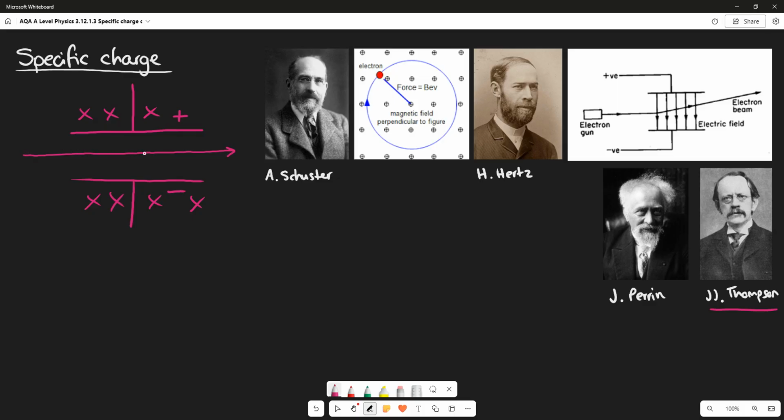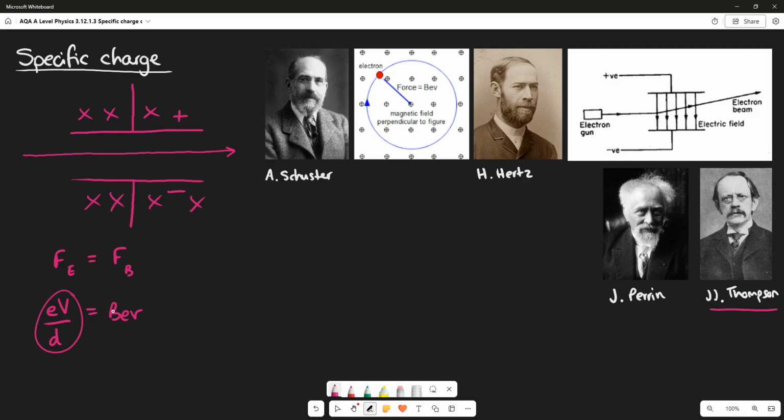So the path of the electrons was perfectly horizontal once he had tuned the electric field so that it was pulling up by the same amount that the magnetic field was pulling the electrons downwards. And when he had achieved this, he knew that the force exerted on the electrons by the electric field must be equal to the force exerted on the electrons by the magnetic field, which meant that he could write the equation and equate the two terms.